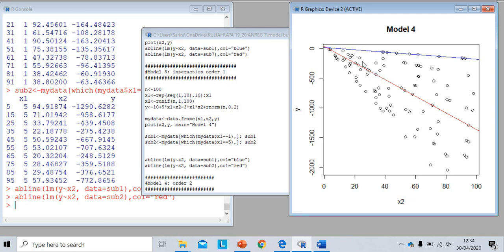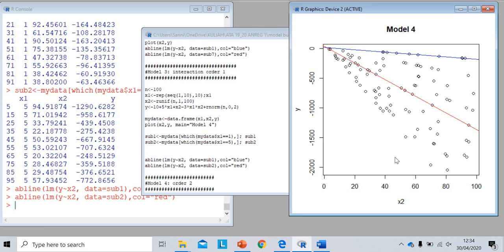What we can say from here is that for x1 equals 1, the contribution of x2 towards y is kind of negative. So when x2 increases, y decreases, and it's just the same for when x1 equals 5. However, the rate of decrease is different.